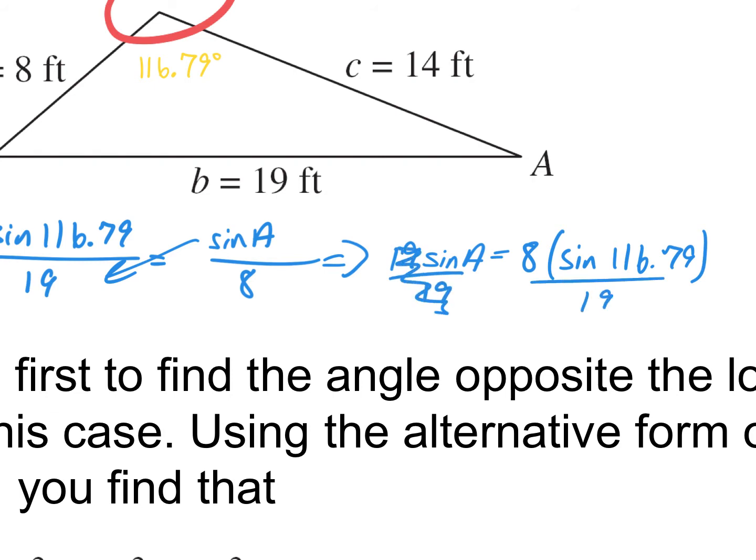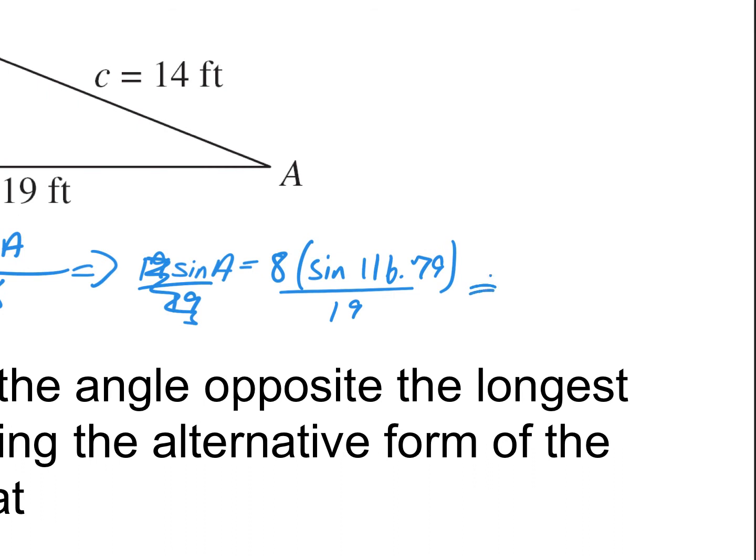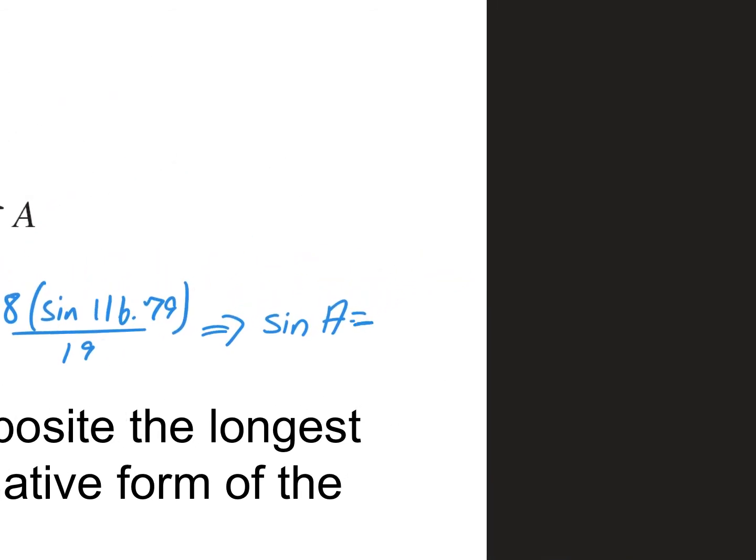So y'all, in your calculator, the sine of A is what? What's 8 times the sine of 116.79 divided by 19? You got 0.375. Okay.